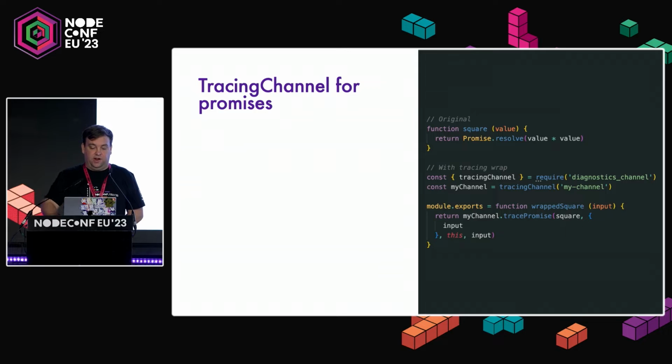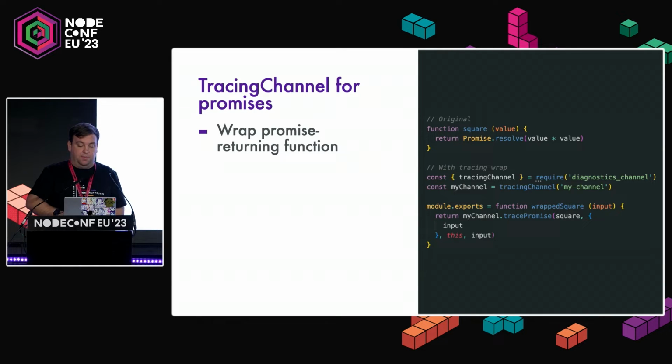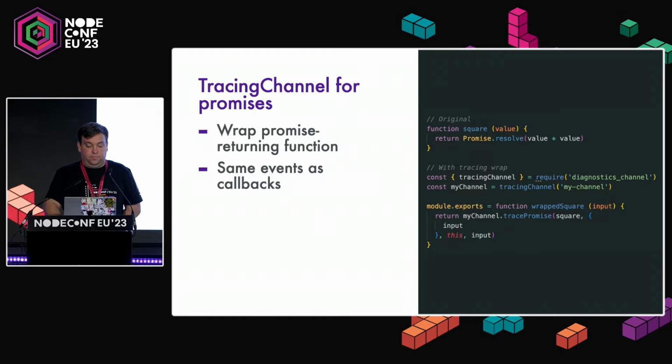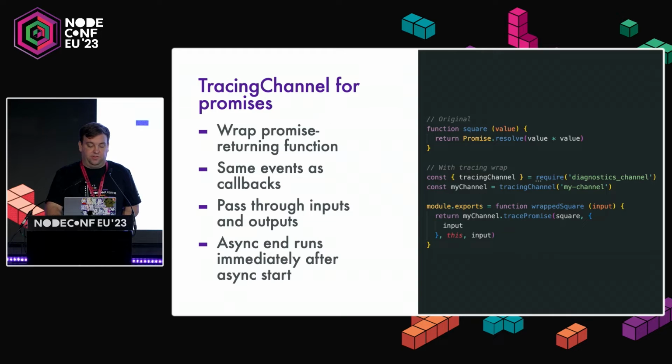And then we have tracing channel for promises. So you can wrap any promise returning function, and this will have the same events as with callbacks. Passes through inputs and outputs the same.